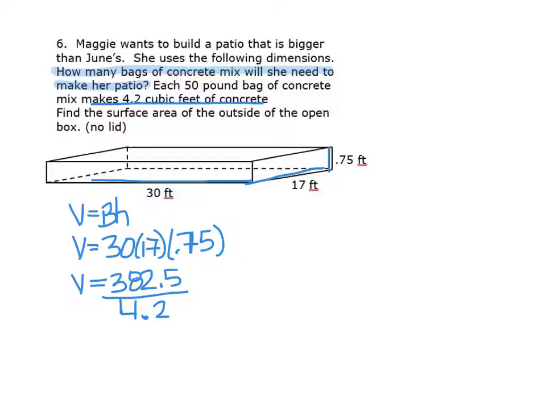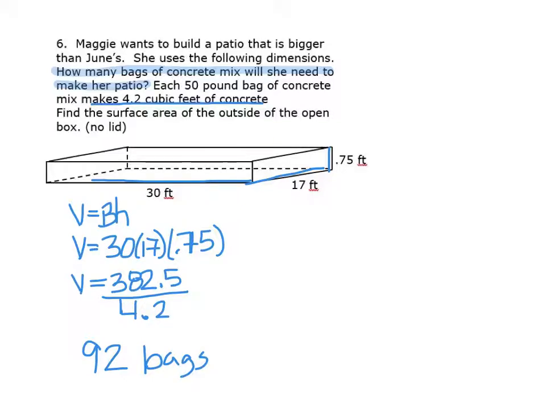It's going to make that 4.2. So we want to divide by 4.2, and that's going to give us 91 point something, which means we have to round up, making it 92. She's going to need 92 bags, and yeah, she'll have some left over, but that's okay.